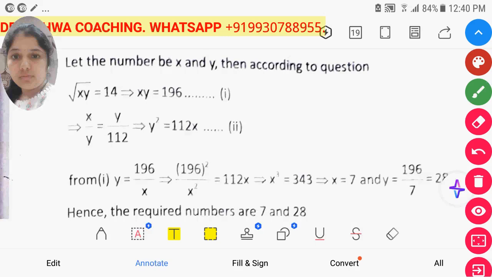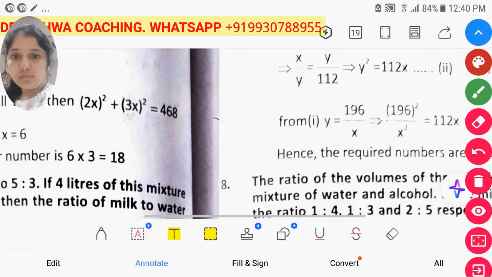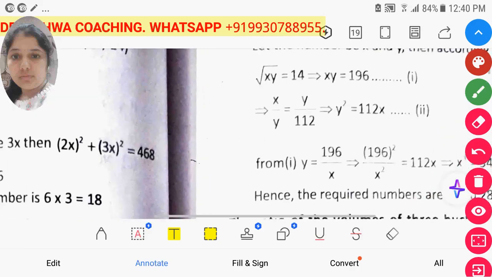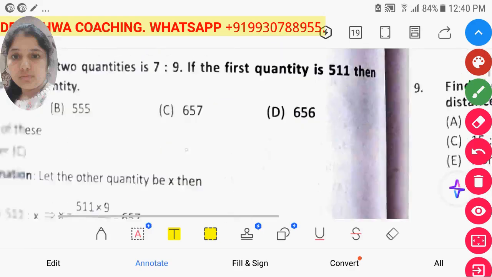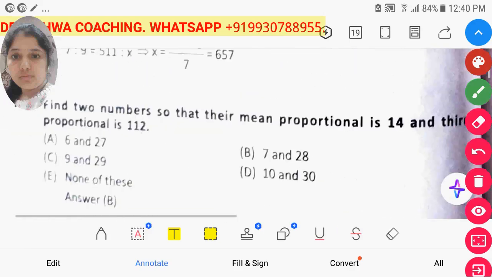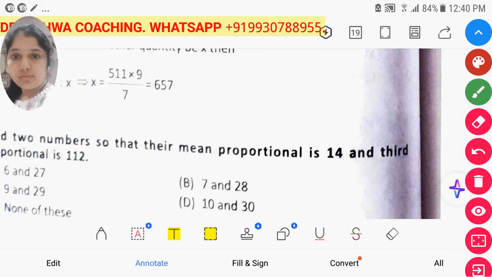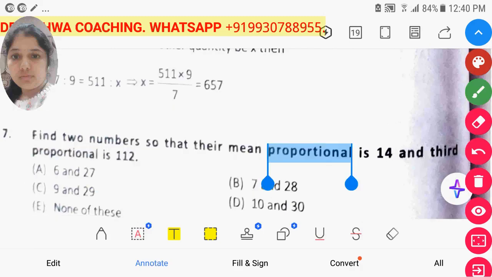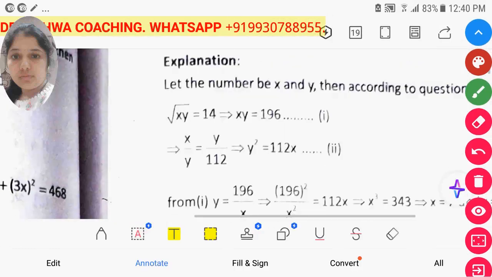Now x upon y is equal to... now one quantity is 112, meaning C is the third proportional, which is 112.